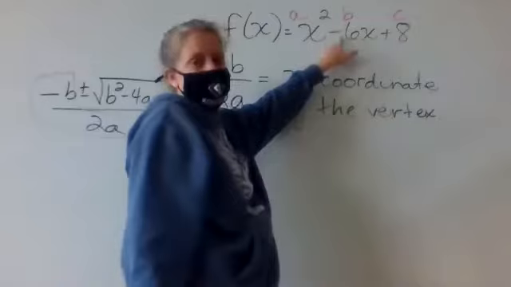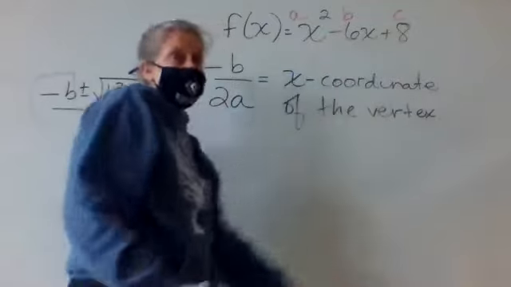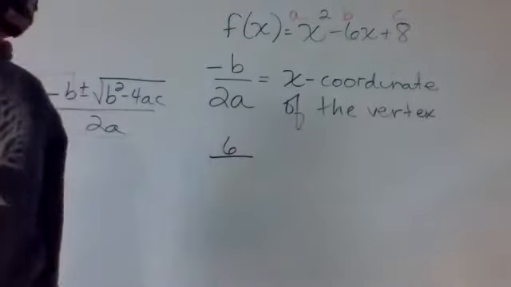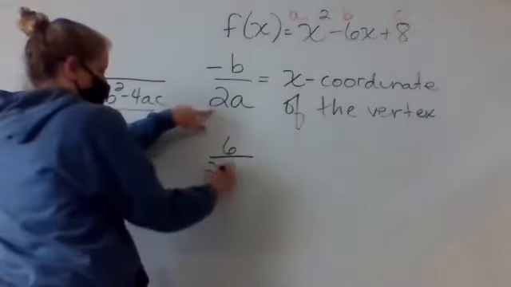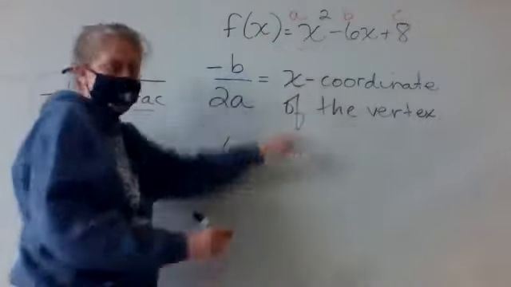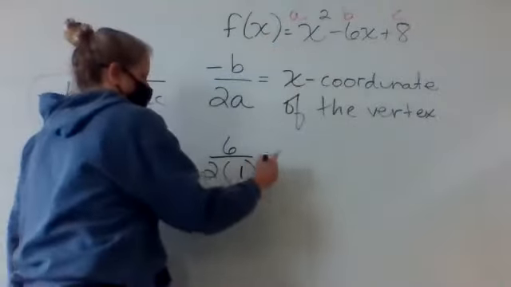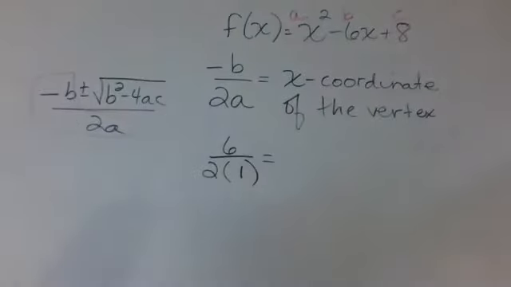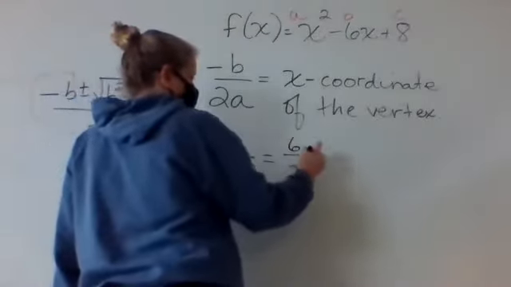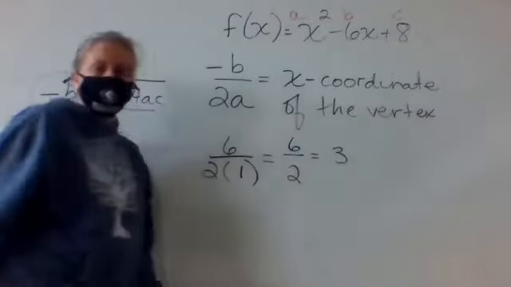Well, if my b is negative 6, then the opposite of it is going to be positive 6, over 2 times a, so 2 times the number in front of x squared, which is a 1. So that leaves me with 6 over 2, which is 3.